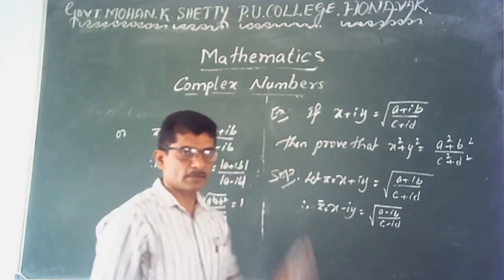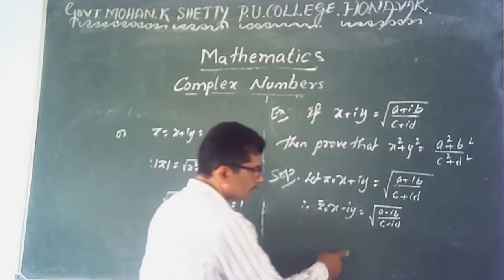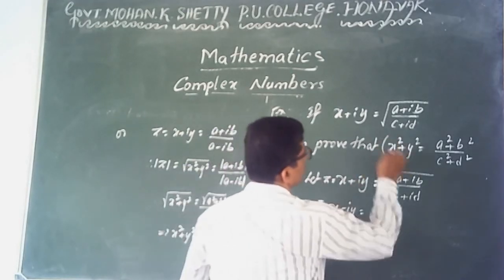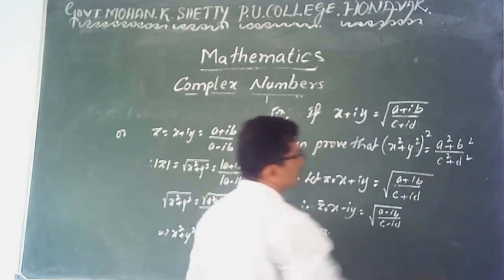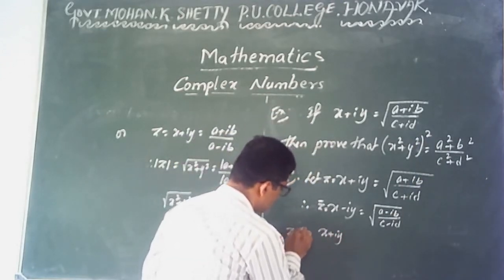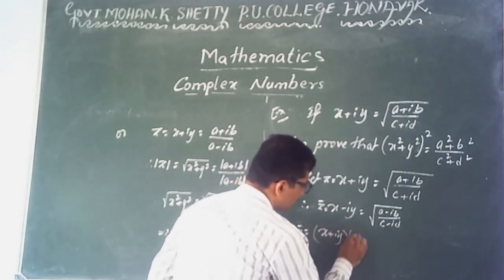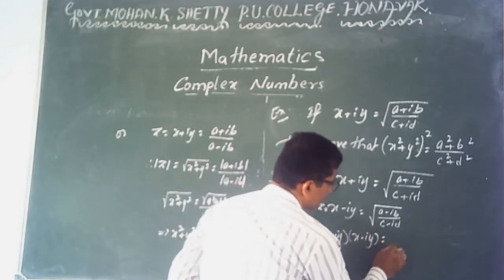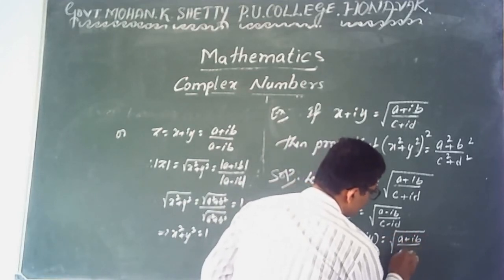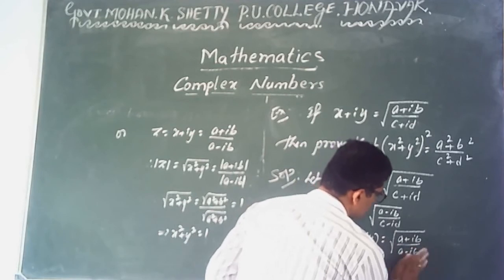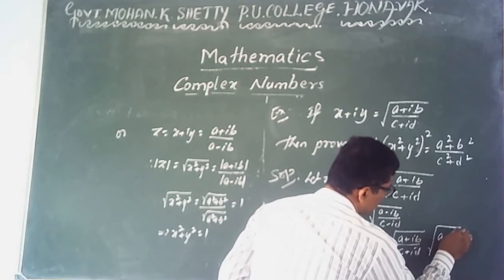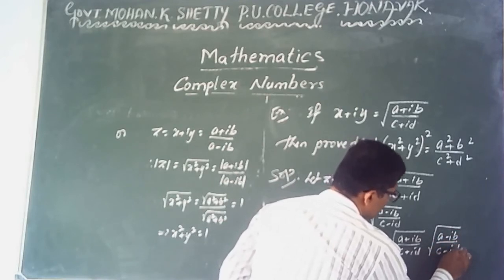Then the product z into z bar, the product of the conjugate pair x plus iy and x minus iy, is equal to root of a plus ib divided by c plus id into root of a minus ib divided by c minus id.